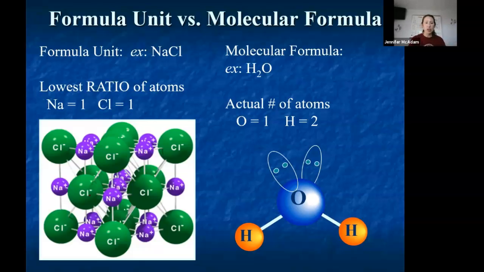There are millions of Na and Cl, but we don't write Na 1 million, Cl 1 million. We simplify it to NaCl, because there are millions and billions and trillions of them. But for molecular formulas, it's the actual number of atoms, so we don't simplify them.